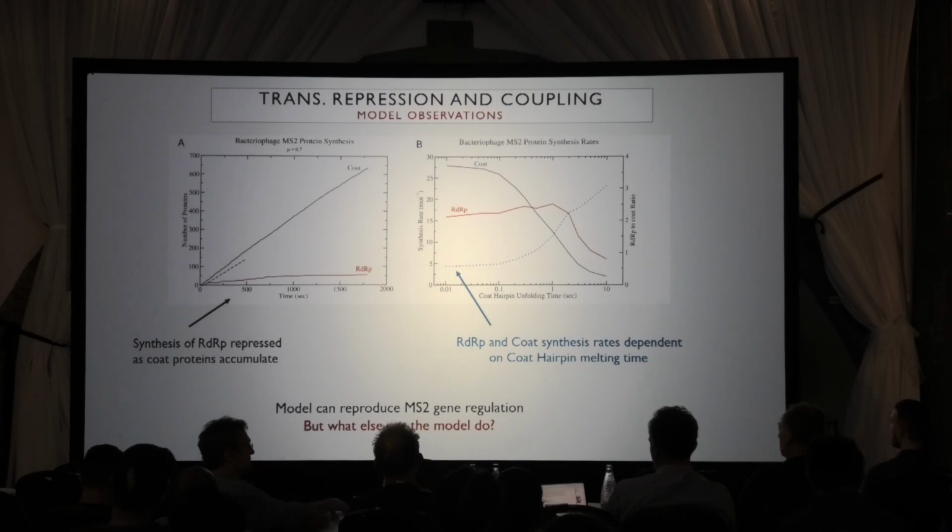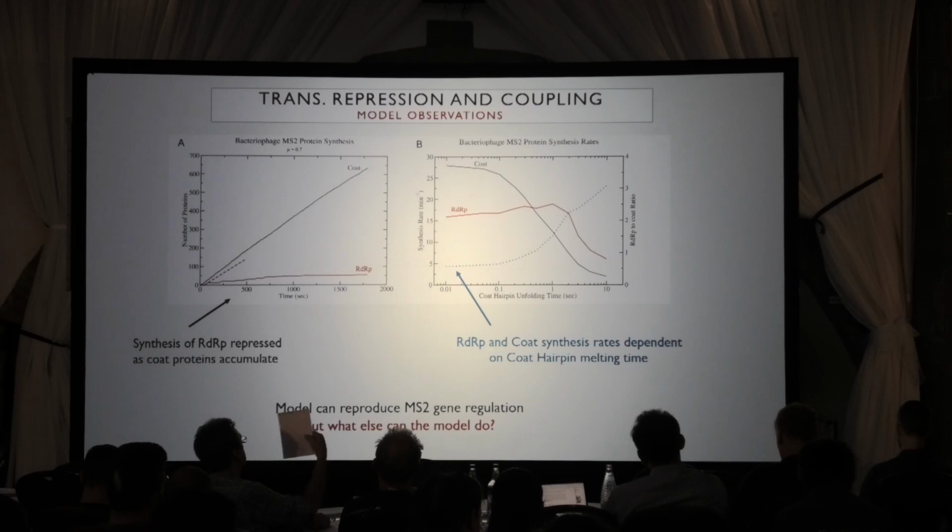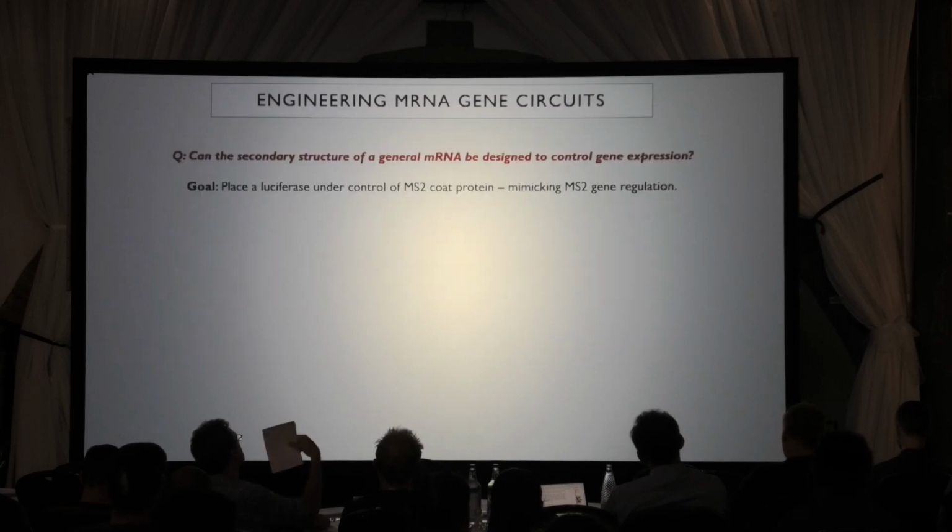But what's interesting is if you play with this coat protein hairpin unfolding time, you can see that there's more than just a coupling to the coat protein. So this is coat protein expression. You also see that polymerase expression changes dependent on that coat protein hairpin. So it's more than just coupling. There's also a downstream dependence, and there's an optimal sort of thing there.